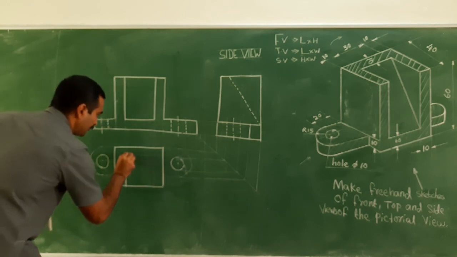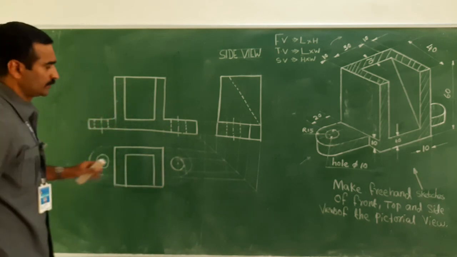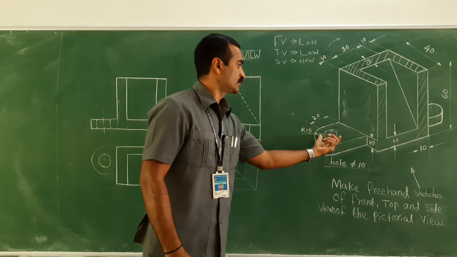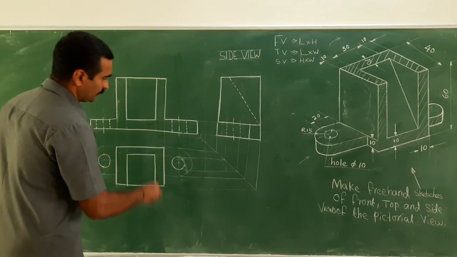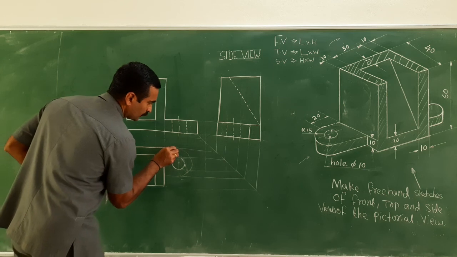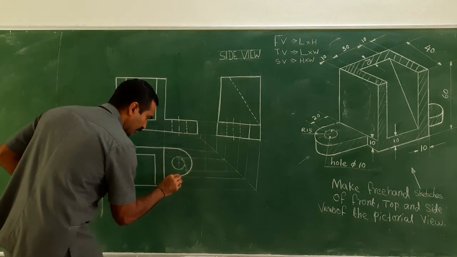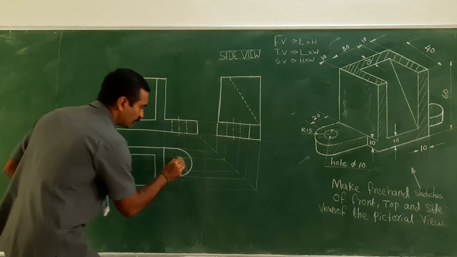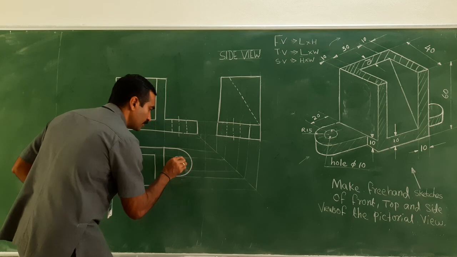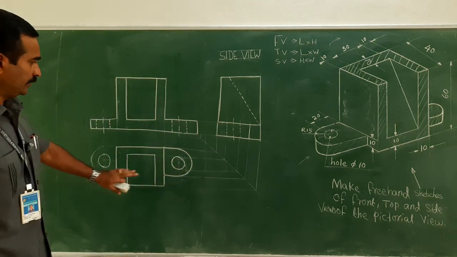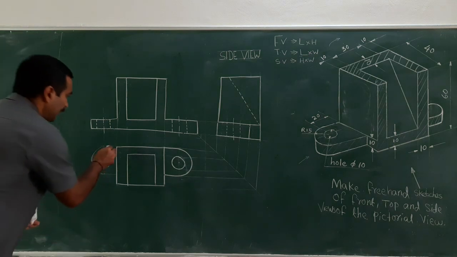So when you look from the top of this object, this would be visible, then this semicircle and circle, similarly the semicircle and circle would be visible. With free hand, you just draw it. Similarly for the full circle, draw as R. Fine. Now let me just finish the left hand side portion also.